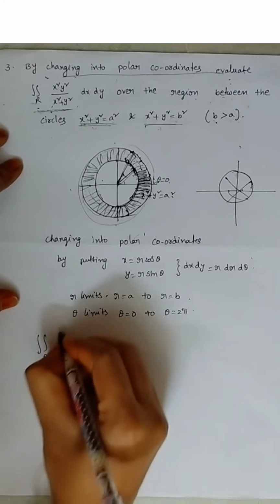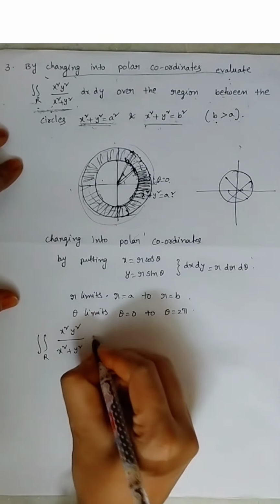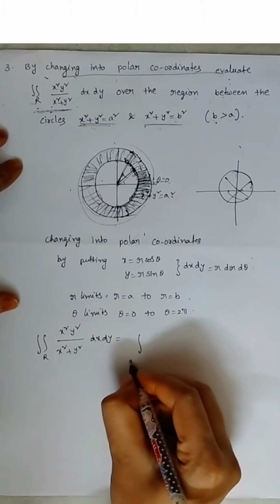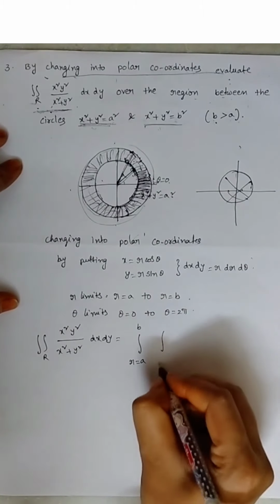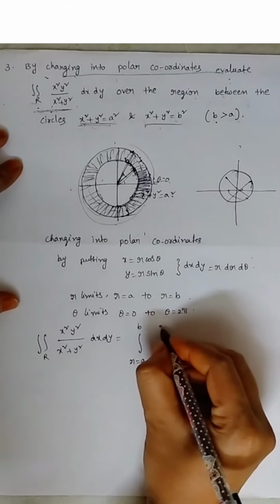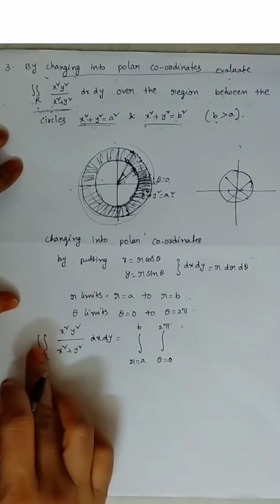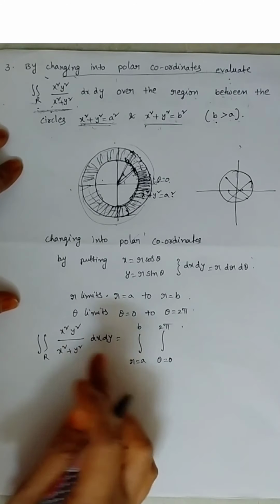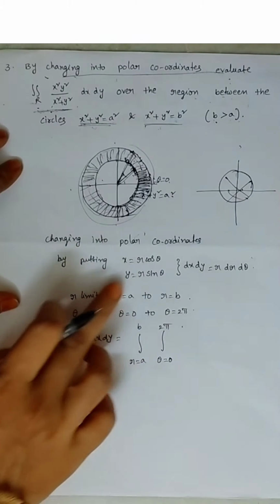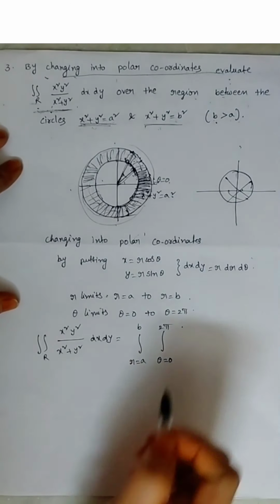So the integral of r x square y square by x square plus y square dx dy equals the integral with r from a to b. You can take the theta limits first because both are constant limits, theta equals 0 to 2 pi. We are finding this integration by changing into polar coordinates, by putting x equals r cos theta, y equals r sin theta, and dx dy changing into r dr d theta.